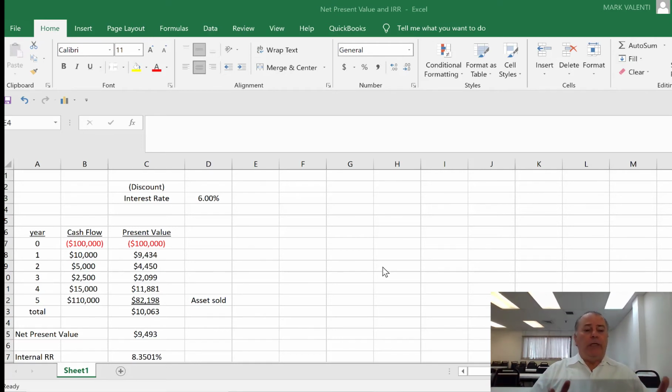So what I'm doing here is I'm comparing, as an example, an investment we've got to what potentially I could get as a return on another investment. So here you see I have an example of 6% return on an investment. Now up in the corner here you can see I've identified this as the discount rate.